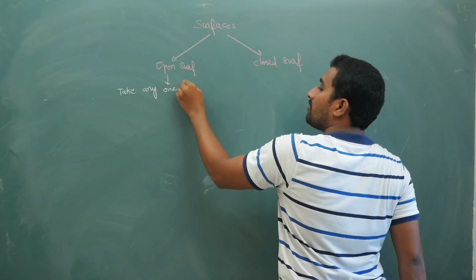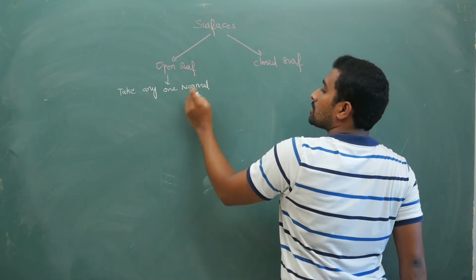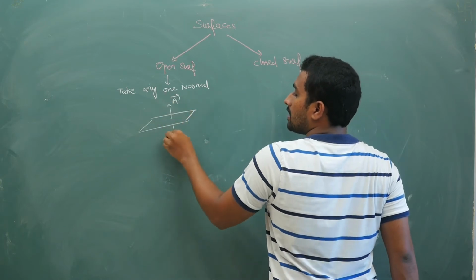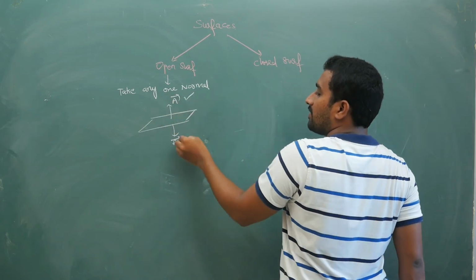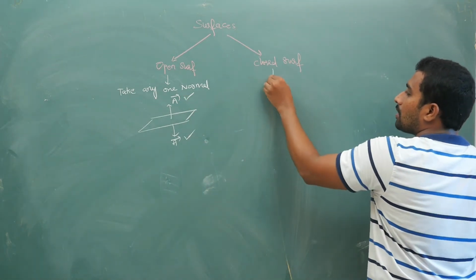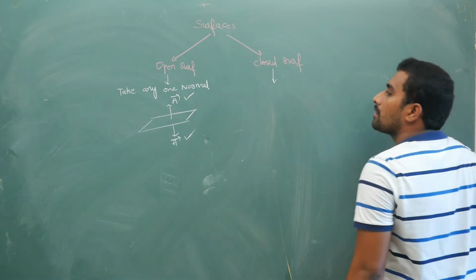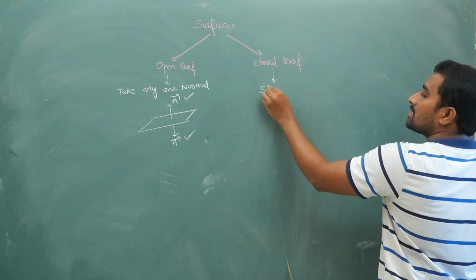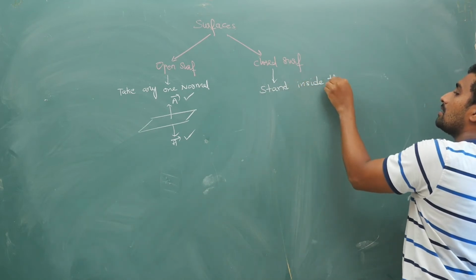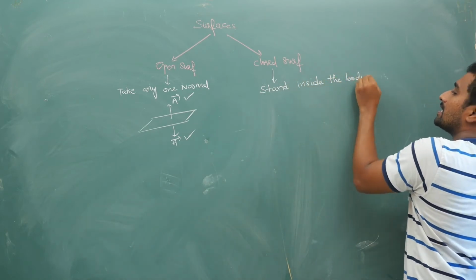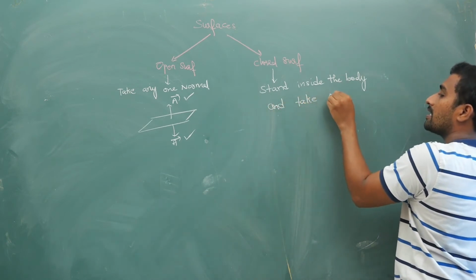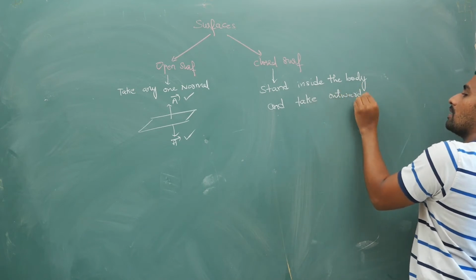My point is, if you have area vector A bar, it is either top or bottom, take any one, either top one or bottom one, but not both. For closed surfaces, stand inside the body and take outward normal.